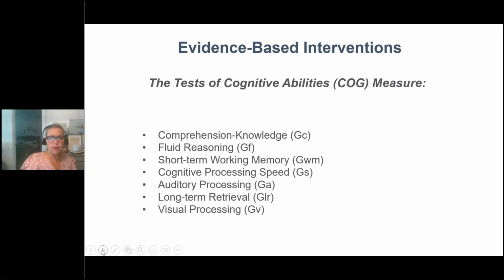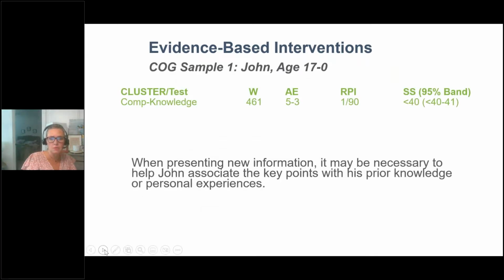And then we also have the evidence-based interventions for cognitive, again looking at the CHC, looking at comprehension knowledge, fluid reasoning. All of those broad ability areas are addressed within the system. So again, depending on how that student performs on one of those cluster areas, the system will provide us with recommendations for those areas where that student's struggling.